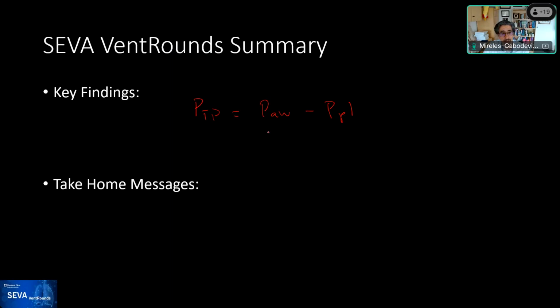Now, actually this is the pressure at the airway opening. This is important, or Rob will come after me if I put this inappropriately. So it's the airway opening pressure minus the pleural pressure. And here, instead of using the pleural pressure, we use the esophageal pressure as a surrogate.